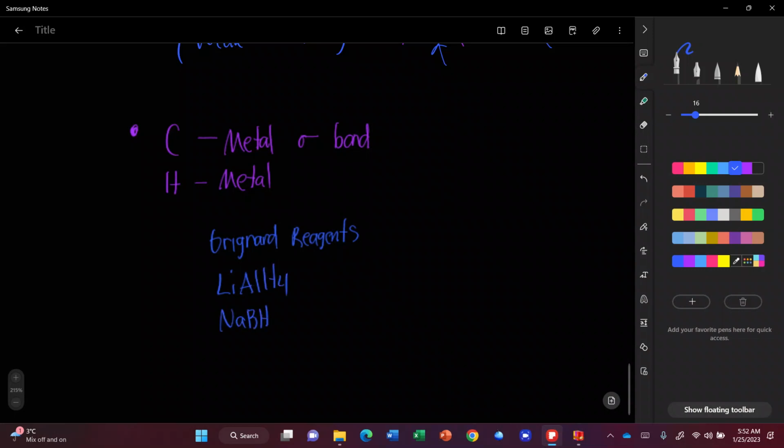Sodium borohydride is an example of this. In all of these cases, you have either carbon or hydrogen that is connected to a metal. In a Grignard reagent, the metal is magnesium, so this sigma bond that I just highlighted would be nucleophilic. In lithium aluminum hydride, you have aluminum bonded to hydrogen. That bond is nucleophilic, and same with sodium borohydride. The sigma bond itself is nucleophilic.